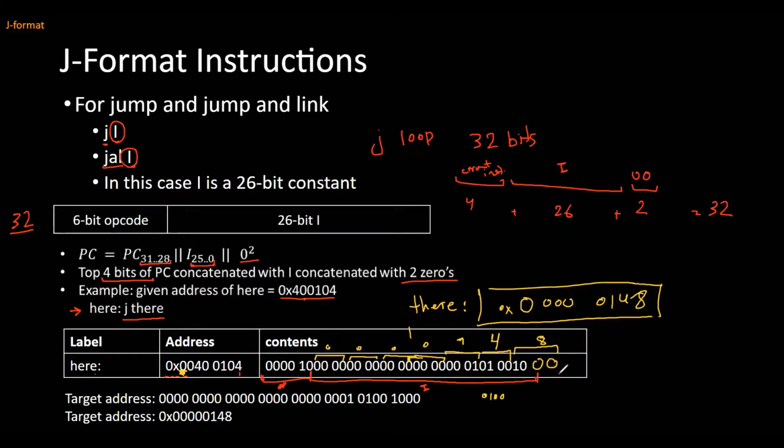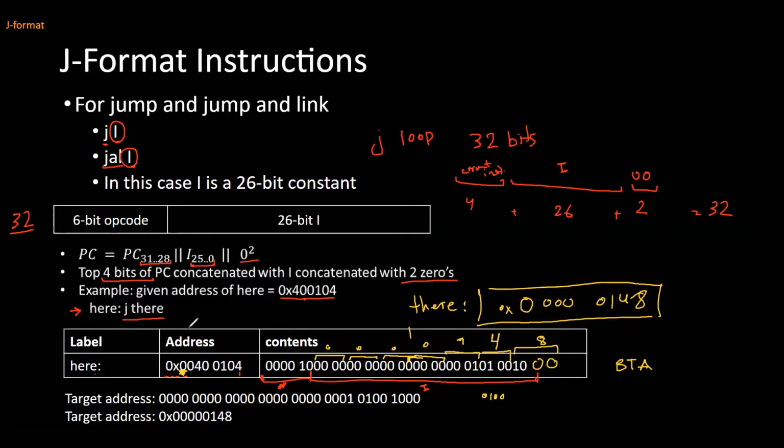And these 2 zeros that we are adding, if you remember from last week's lecture, when we were calculating the BTA, the branch target address, I can rewatch that video, but basically the idea here is that since all the memory addresses are going to be aligned, all of them are going to end with 2 zeros.